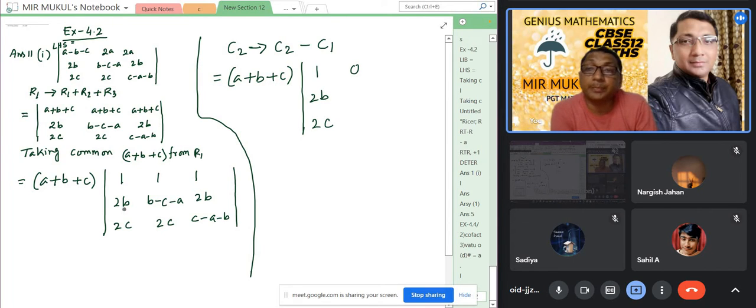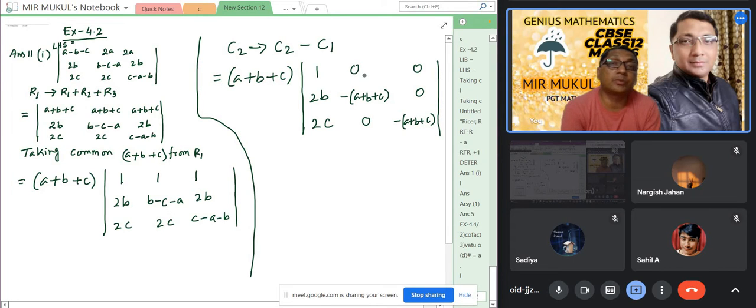If you subtract these two, this minus this, you can take minus common, A plus B plus C will come, and this minus this you will get 0. Now C3 minus C1, then you will get here 0, 2B minus 2B equals 0, and this minus this, here also minus you can take common, A plus B plus C.